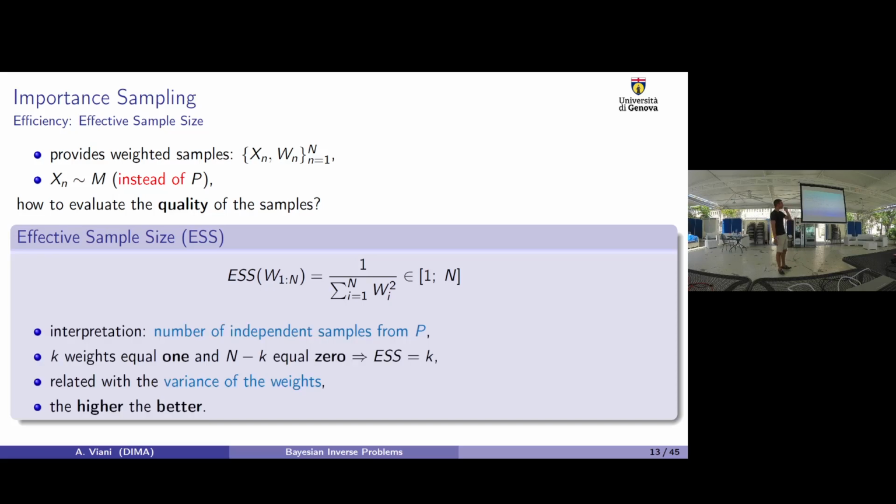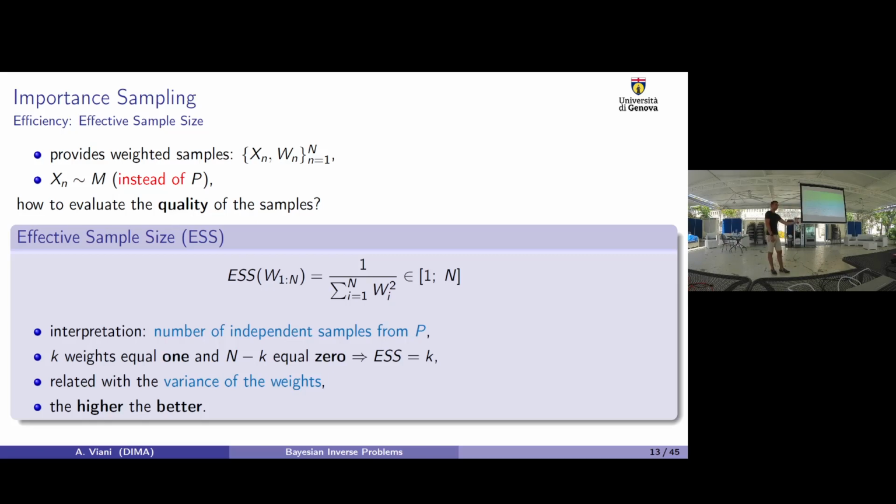And this tells us the number of independent samples from P. So if the ESS is, for example, 3, we know that from n samples, there are 3 samples that come directly and independently from P, even if we are sampling from M. Okay? It can be interpreted like that.